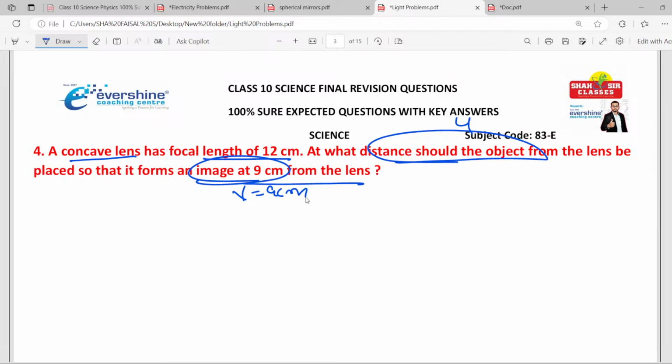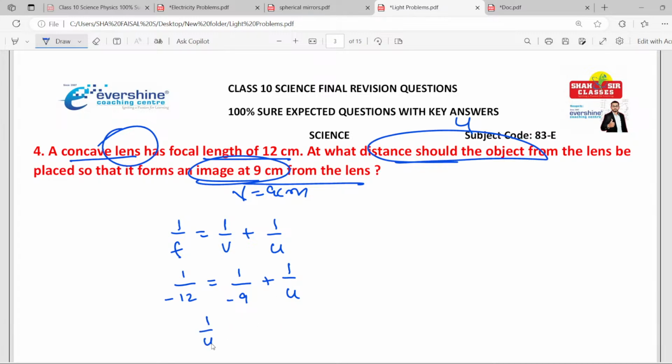Simple. Remember, we have the formula, since it is lens formula, 1 by f is equal to 1 by v minus 1 by u. So what is the focal length? 12. Since it is concave, we should take negative. Focal length is equal to minus 1 by 12, 1 by v is 9. Since it is concave lens, we should take negative, plus 1 by u as it is.